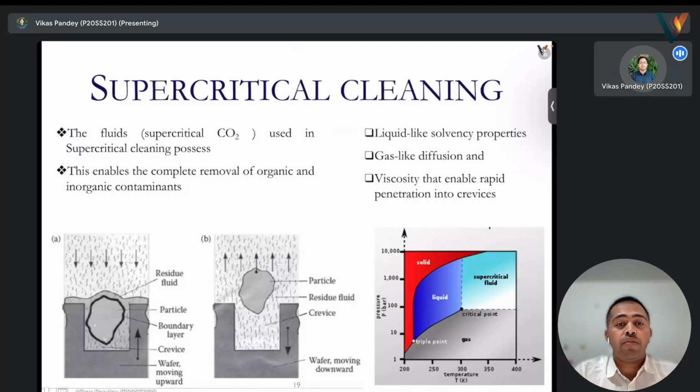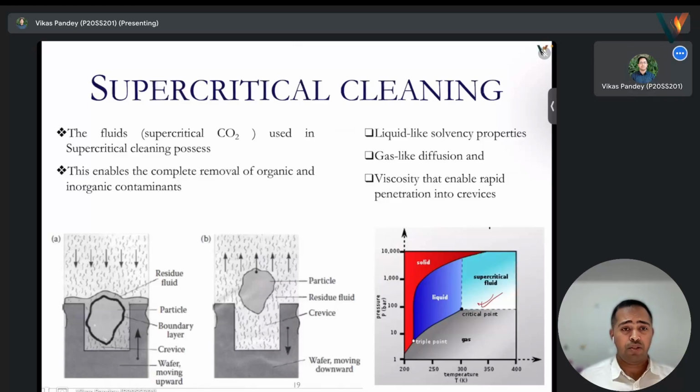CO2 is a supercritical fluid in the sense that it can exist in liquid form and change its phase very easily. It can coexist in all the forms.